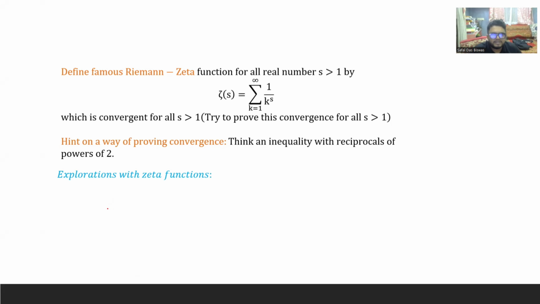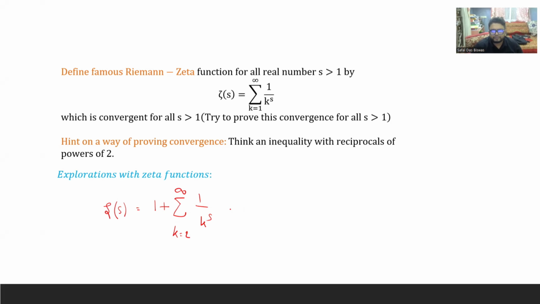So the Riemann zeta function is actually zeta(s) equals 1 plus the summation of 1 by k to the power s, with k running from 2 to infinity, right? And we have proven the fundamental theorem of arithmetic, right?